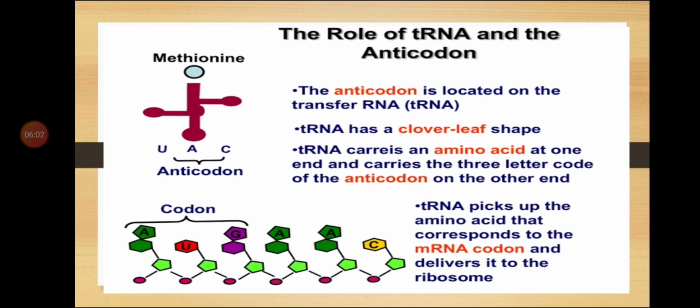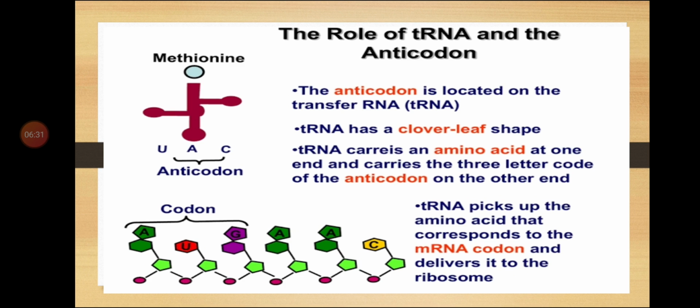Now we will study the role of tRNA and anticodons. The anticodon is located on transfer RNA. You have seen it already in the diagram, and see here once again the anticodons. tRNA has a clover leaf structure. tRNA carries an amino acid at one end and carries the 3-letter code of the anticodon on the other end.